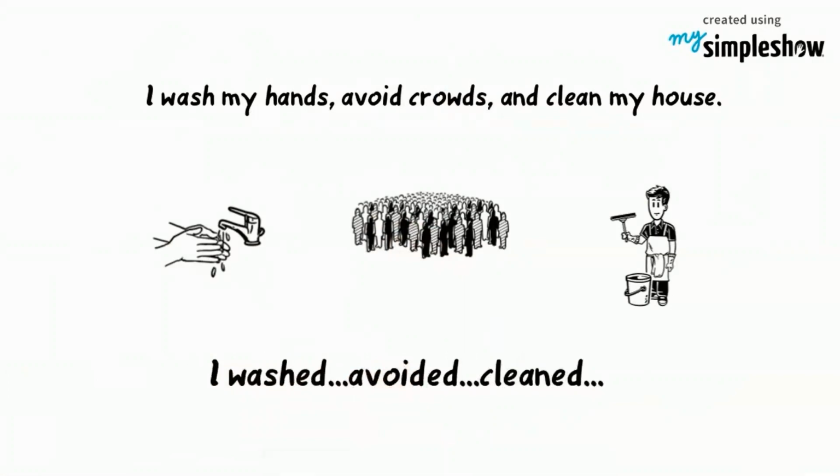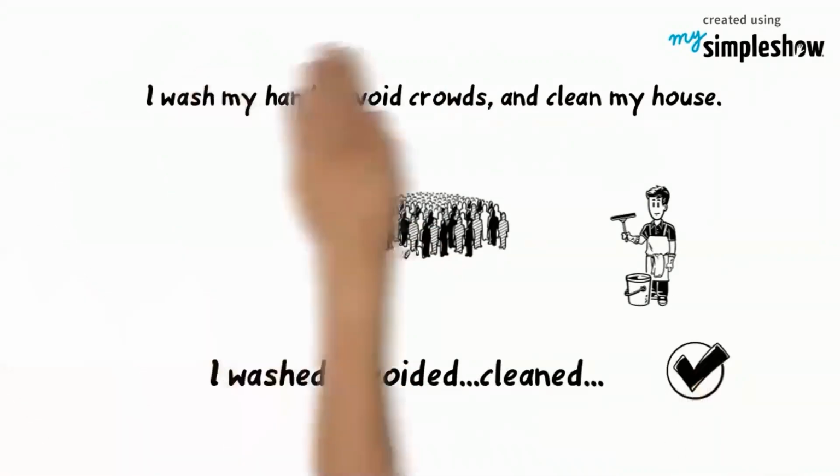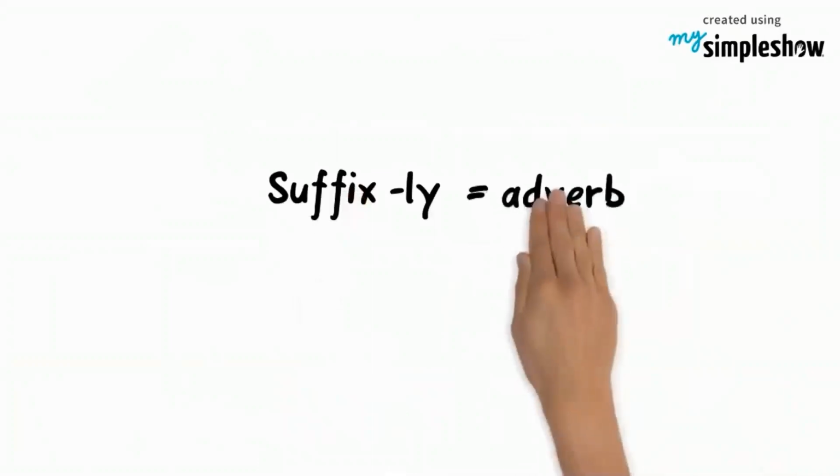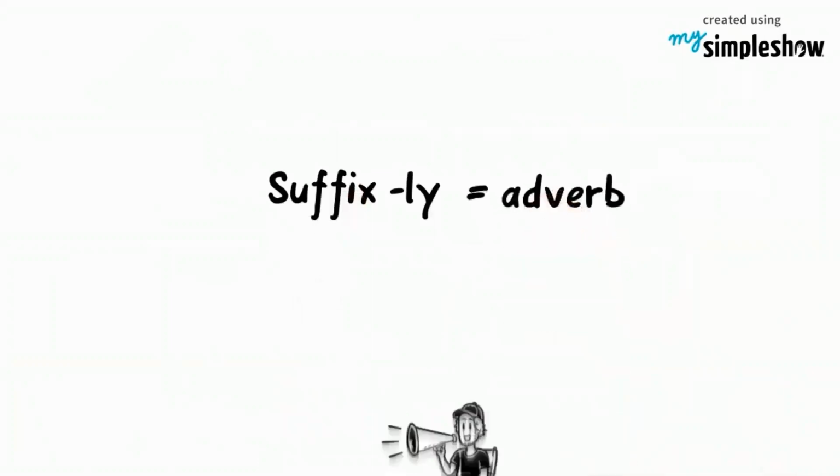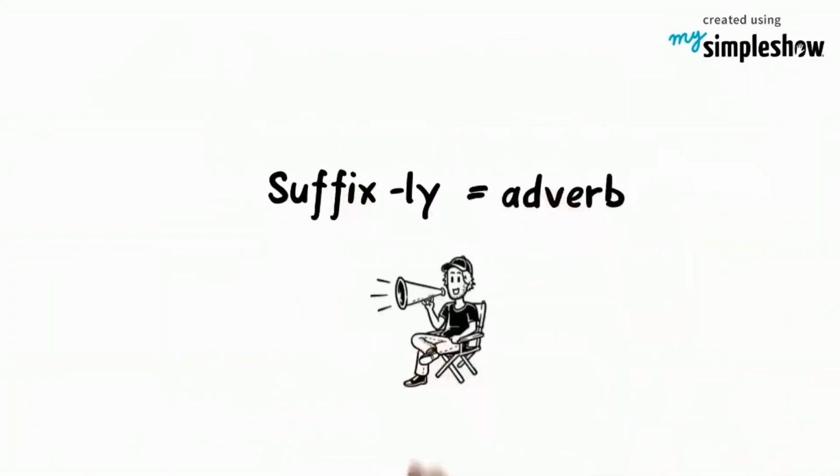Okay, next one. We have now the suffix ly. So when do we use the suffix ly? As mentioned here, we use the suffix ly to turn a word into an adverb. So what's an adverb again? An adverb is a modifier, a descriptor for an adjective, a verb, or another adverb.